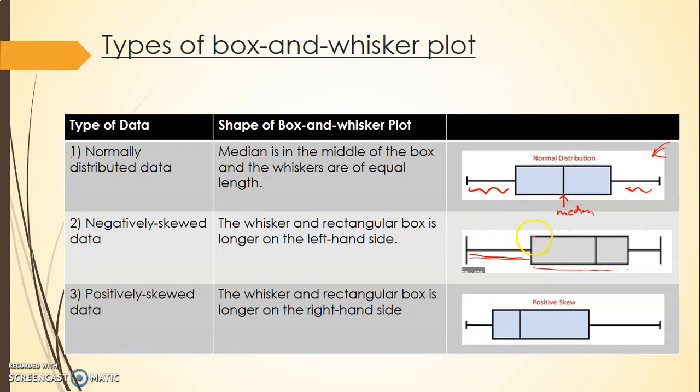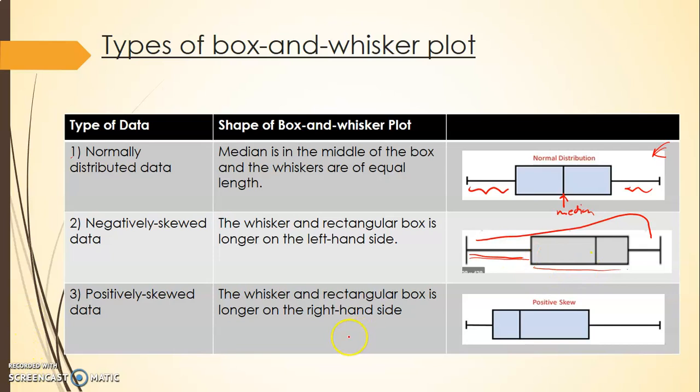Dia panjang belah kiri. So your data distribution is like this, and we can say that the data is negatively skewed. Data condong ke kiri. Skewed to the left is negatively skewed.